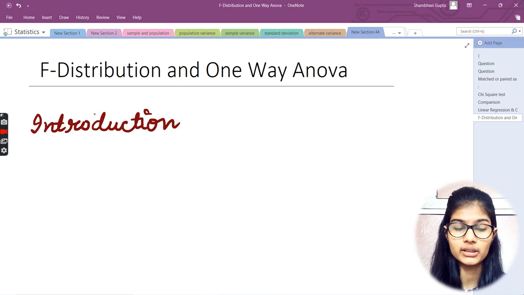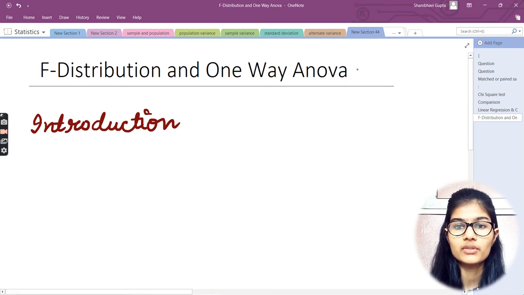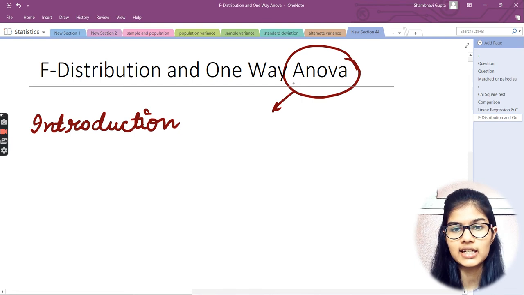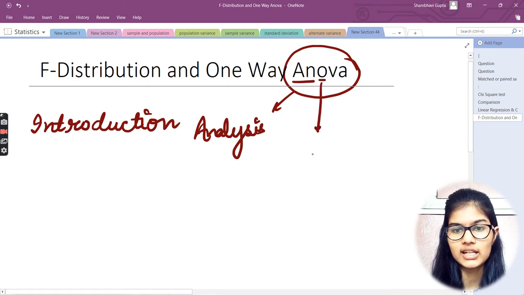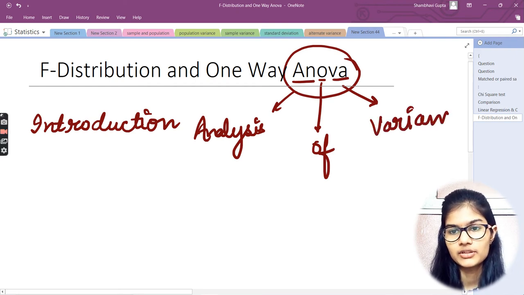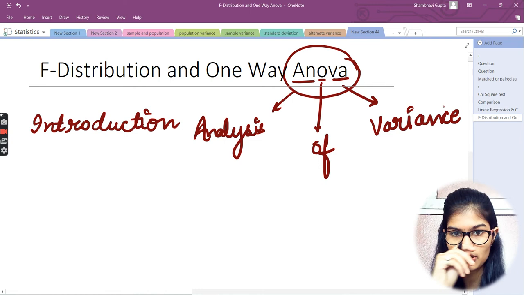Statisticians have developed a method called the analysis of variance, which is the full form of Anova. AN stands for analysis, O stands for of, and VA stands for variance. This is how analysis of variance is.